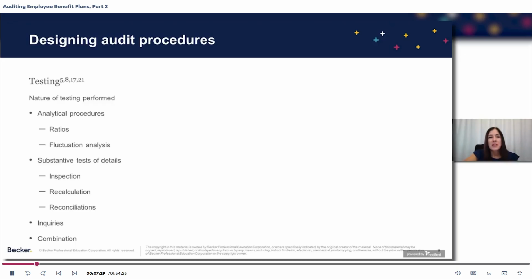And then based on the nature of the identified and assessed risk, you're going to then determine what type of procedures to perform, whether you're going to be performing analytical procedures or substantive test of details, inquiries, or some combination of all of those. So, for example, with your analytical procedures, that may include some common ratios unique to employee benefit plans or even fluctuation analysis.